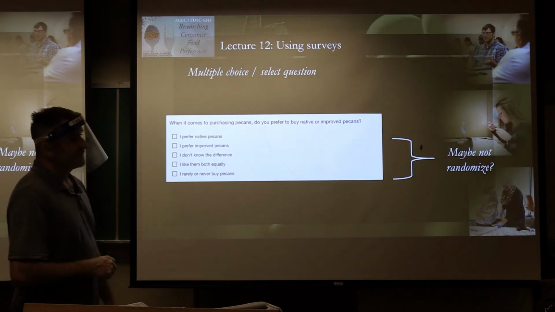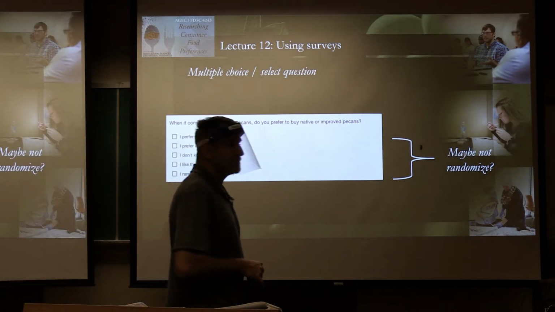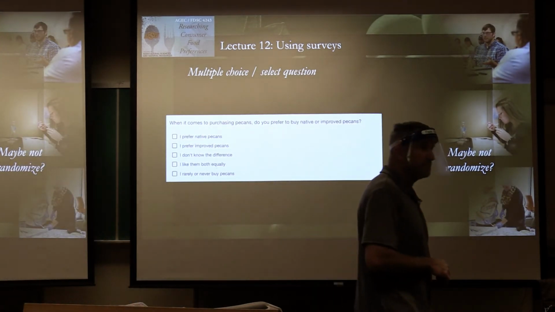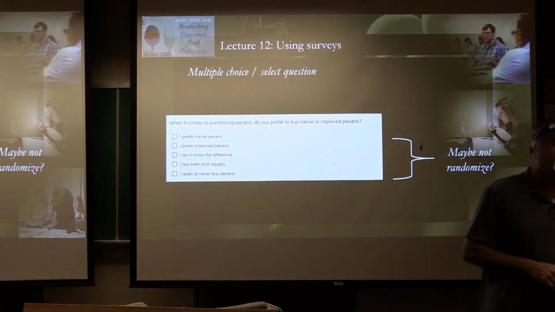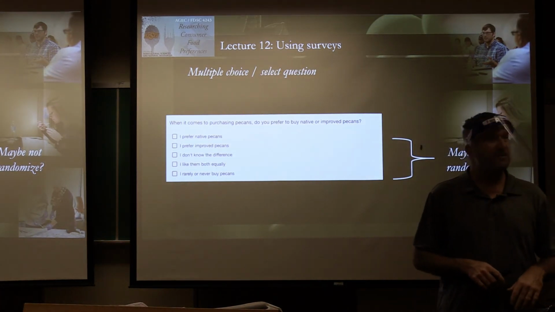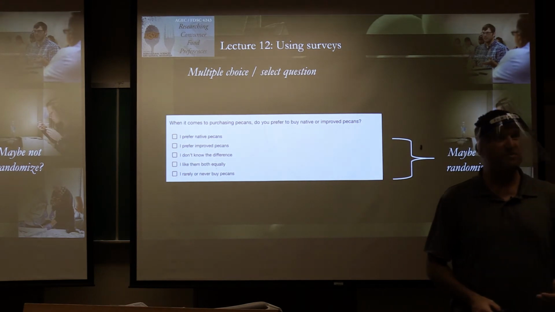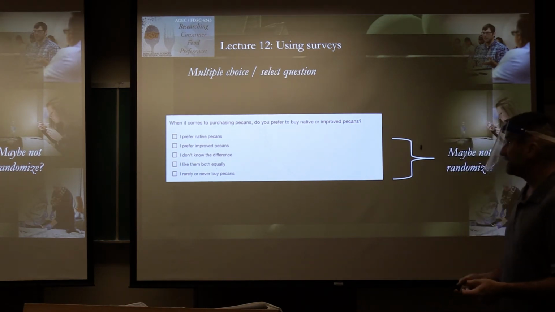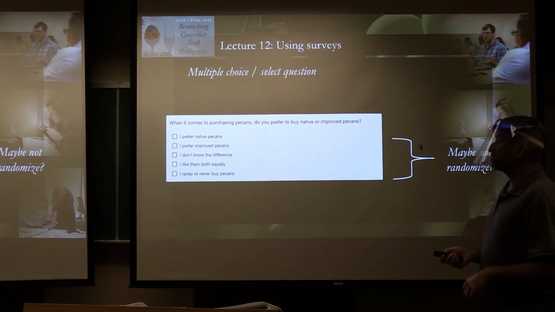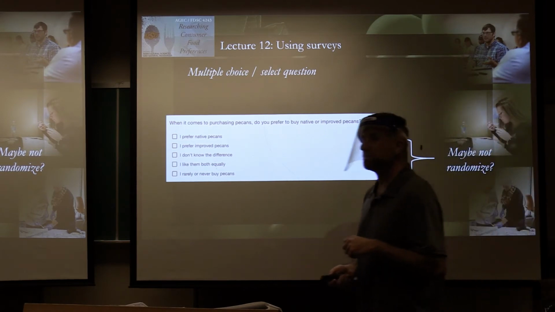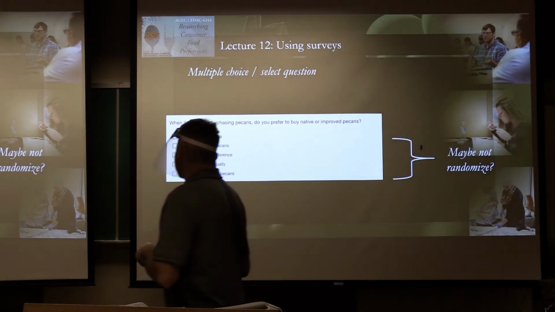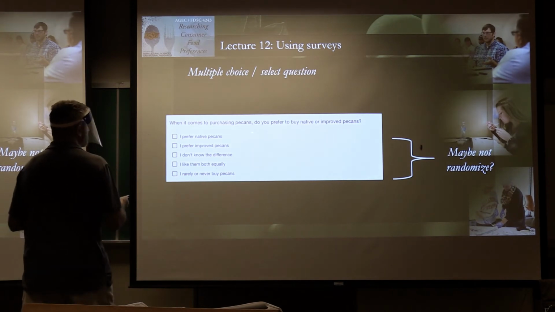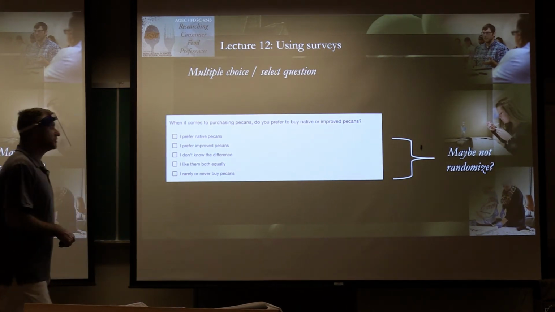And finally, there's nothing wrong with simple multiple choice questions. And you can have a whole survey that's just simple multiple choice questions as long as they're written well. So this one here, suppose we want to just concentrate on native versus improved pecans. So we say, when it comes to purchasing pecans, do you prefer to buy native or improved pecans?